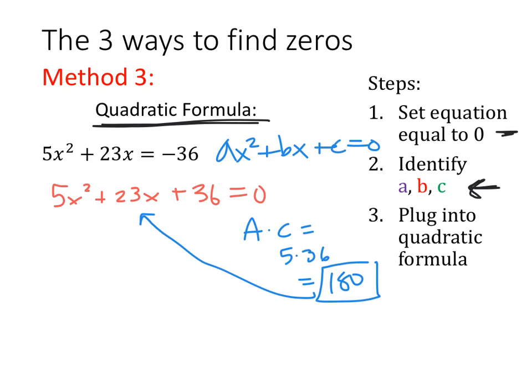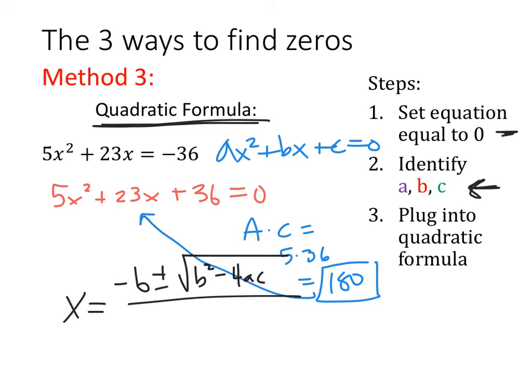I would still find my a, b, and c that same way, but I would use the quadratic formula, which is the opposite of b plus or minus the square root of b squared minus 4ac, all divided by 2a. Now this seems like a very difficult formula, and we're going to be going over this in the next video, but the idea is we just plug in those numbers and we get an answer out of that.